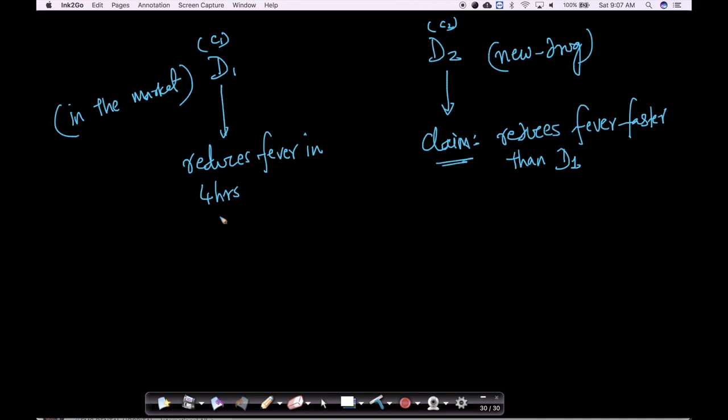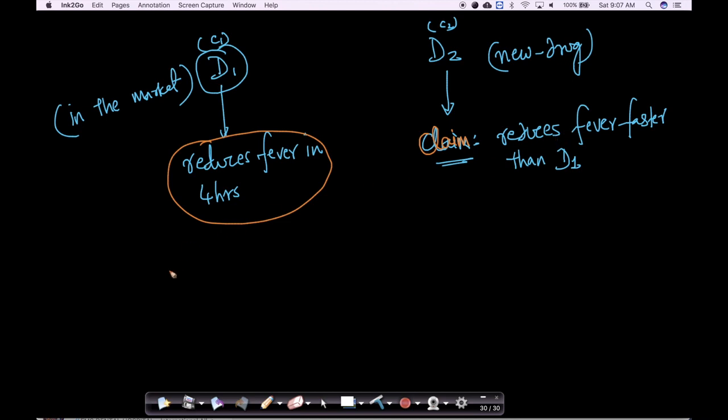This is a very valid problem. You have drug 1, which on average takes about 4 hours to reduce the fever. Now drug 2, made by company 2, makes a claim. They claim that their drug D2 can reduce fever faster than D1.